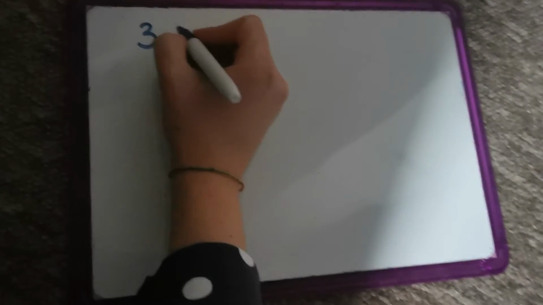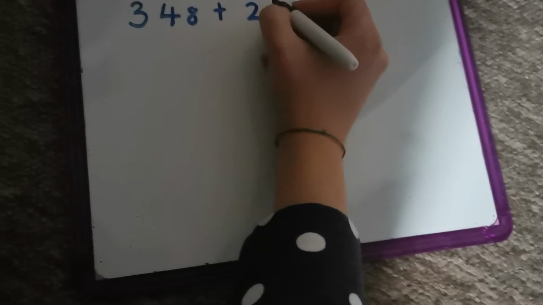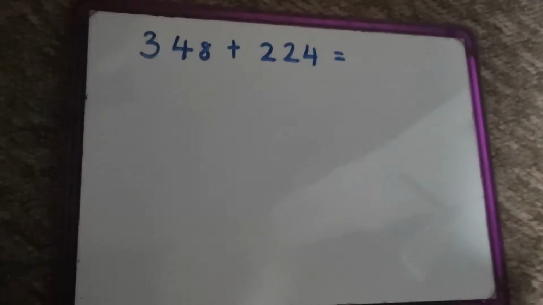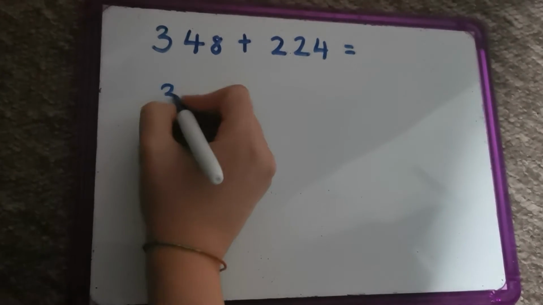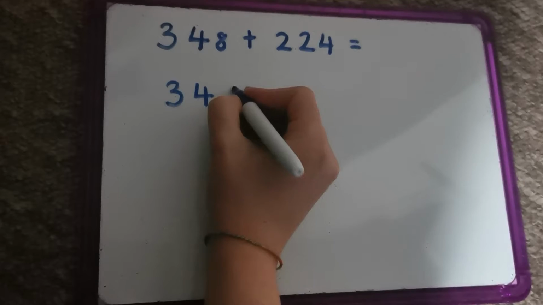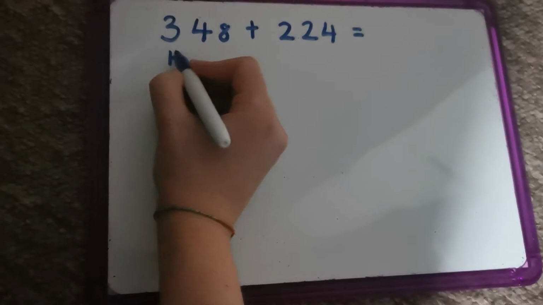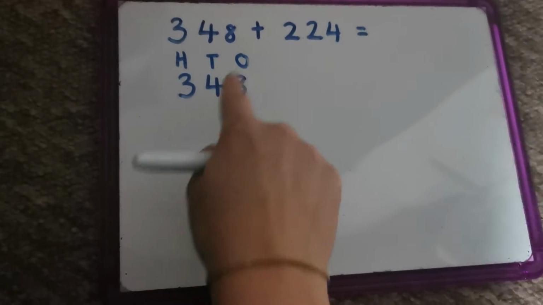So my first question is 348 add 224. Okay, so I'm going to use column addition. I'm going to place the numbers in the correct columns. So to remind myself, I might put HTO, which stands for hundreds, tens and ones.